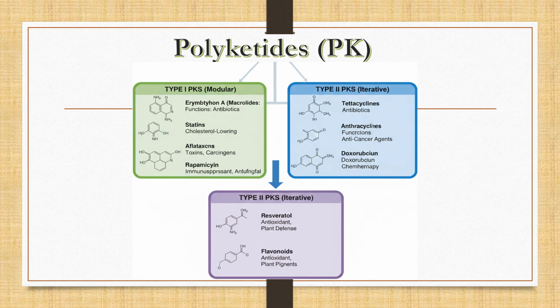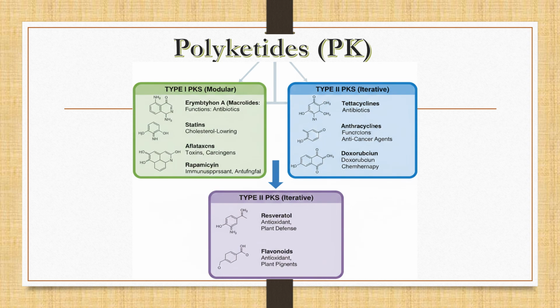Polyketides are a large and diverse class of lipids formed by the stepwise condensation of small carbon units catalyzed by polyketide synthase. Their structure often contains multiple rings, functional groups, and stereochemical complexity.